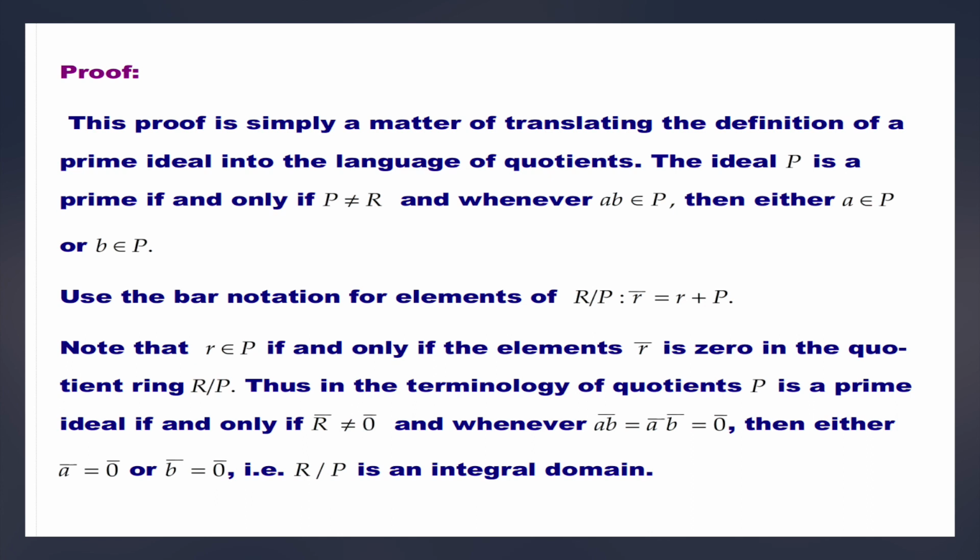The ideal P is prime if and only if P is not equal to R and whenever AB belongs to P, then either A belongs to P or B belongs to P. Use the bar notation for elements of R by P, that is, r bar is equal to r plus P. Note that r belongs to P if and only if the element r bar is 0 in the quotient ring R by P. Thus, in the terminology of quotients, P is a prime ideal if and only if R bar is not equal to 0 and whenever A bar times B bar is equal to 0 bar, then A bar is equal to 0 bar or B bar is equal to 0 bar, that is, R by P is an integral domain.